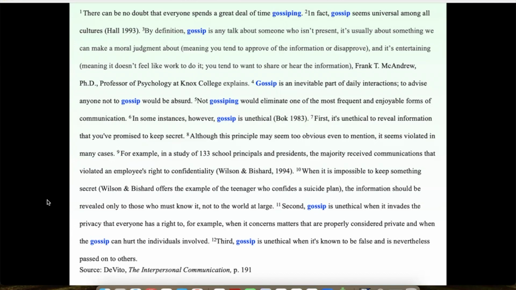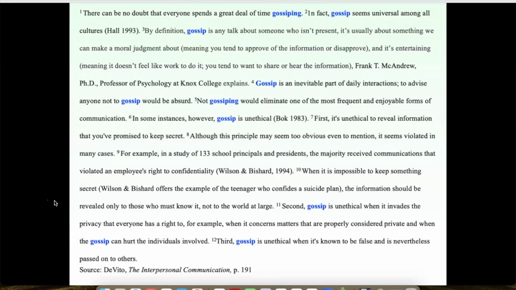First, it is unethical to reveal information that you've promised to keep secret. Although this principle may seem too obvious even to mention, it seems violated in many cases. For example, in a study of 133 school principals and presidents, the majority received communications that violated an employee's right to confidentiality.